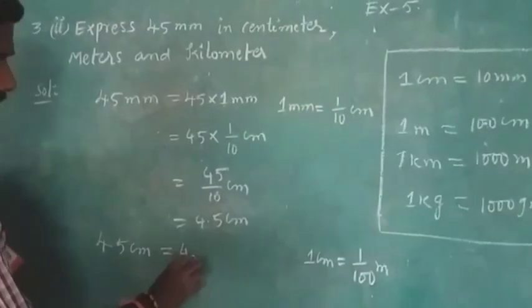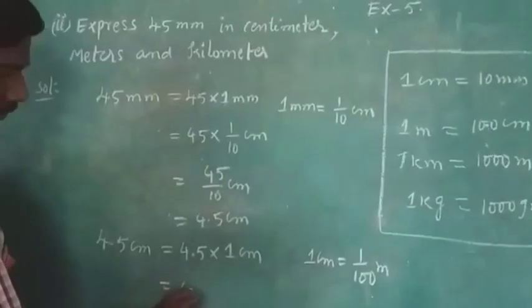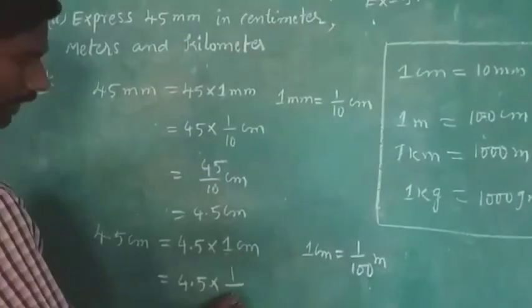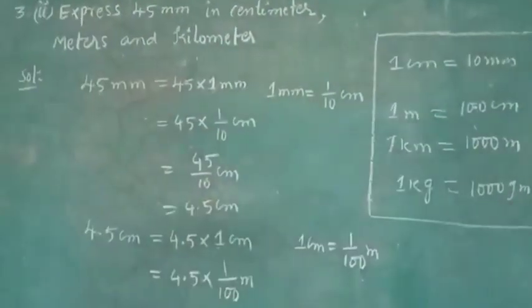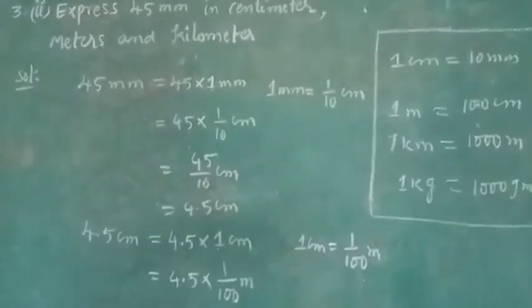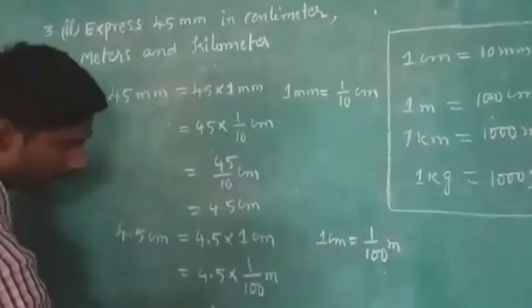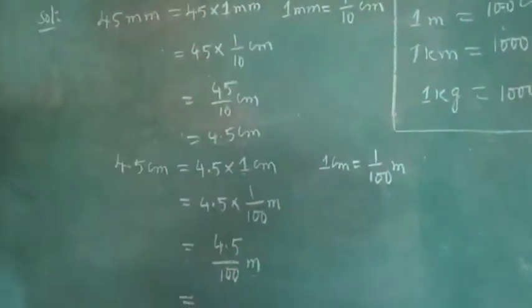So 4.5 into 1 centimeter is equal to 4.5 into 1 by 100 meters, so 4.5 by 100 meters.